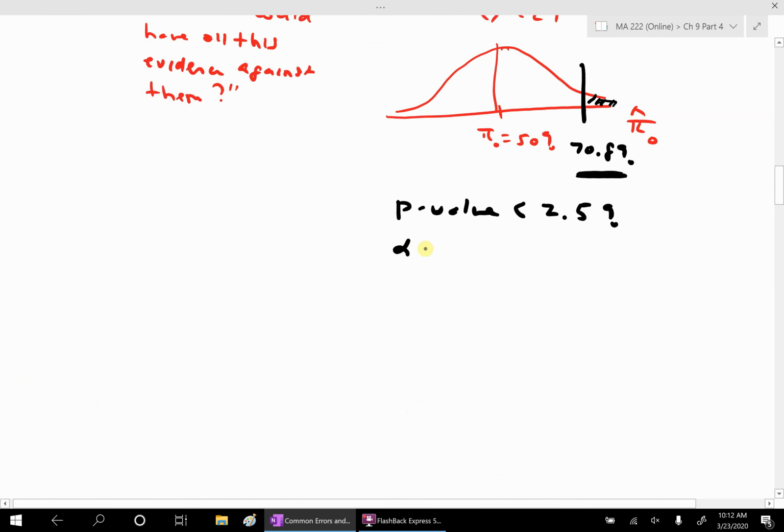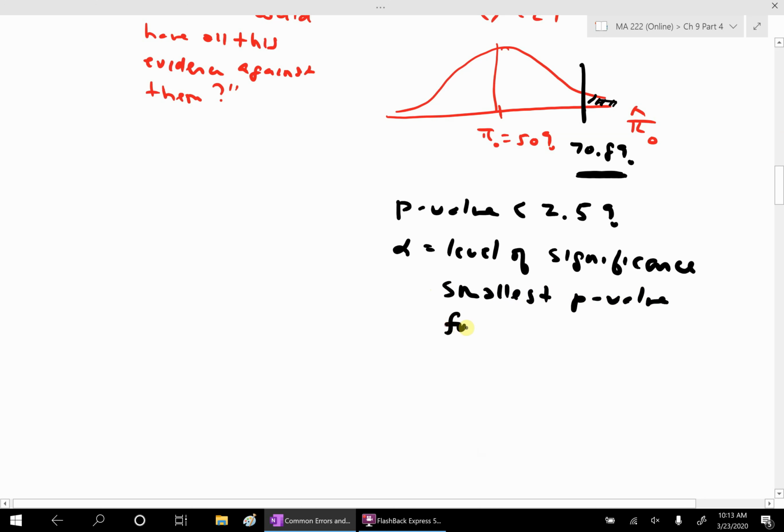Okay? So alpha, which stands for the level of significance, is the smallest p-value for which we can still believe the null.